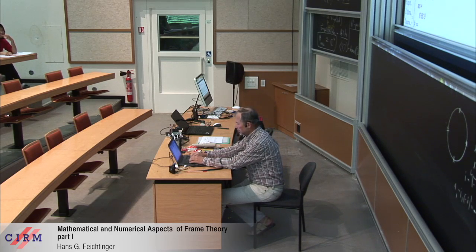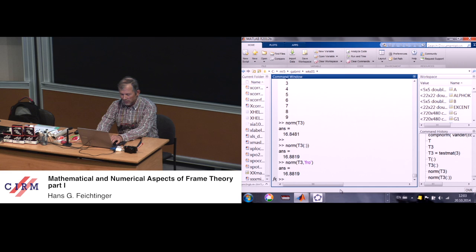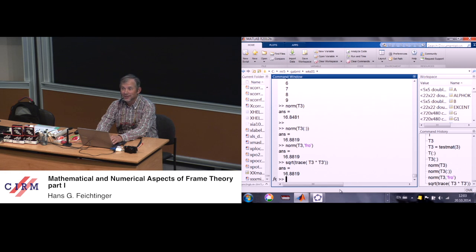What we can say here is that we look at the square root of the trace of T3 with T3 prime. It happens to be the same number. Well, it's just a generalization.